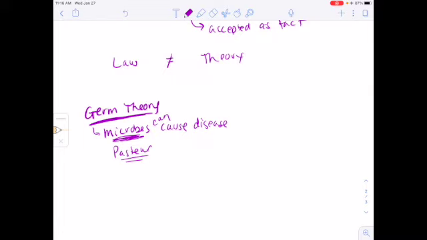Another one is cell theory: what makes an organism a living organism is that it is made of cells.